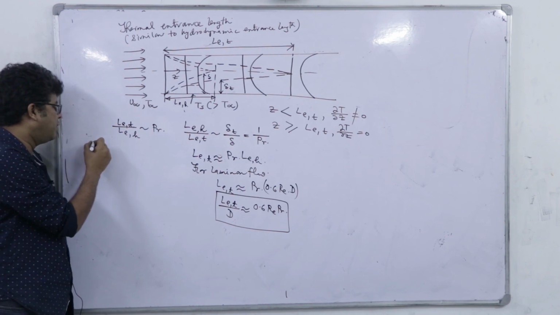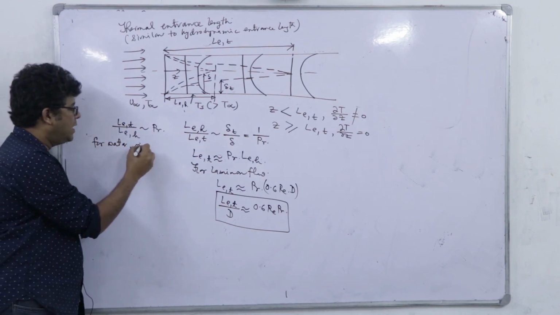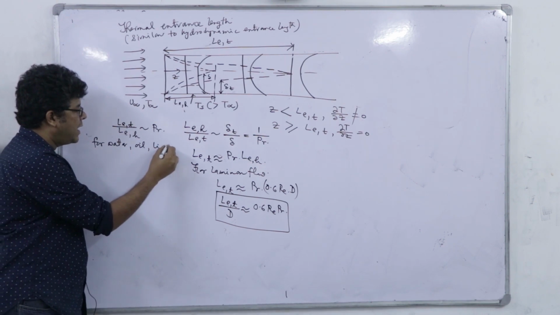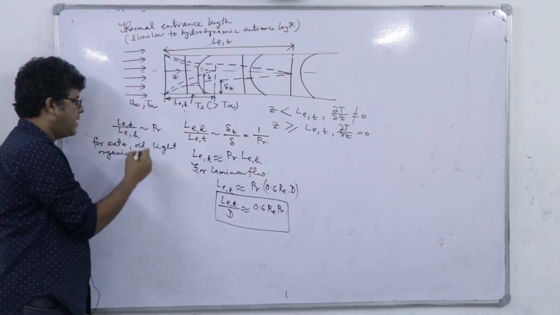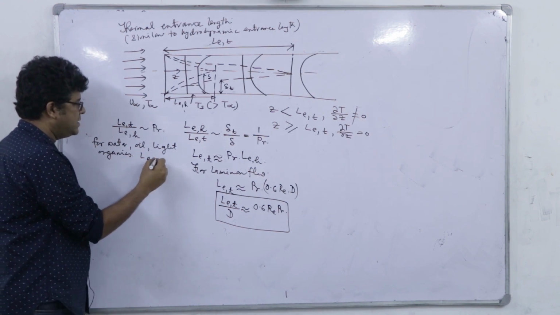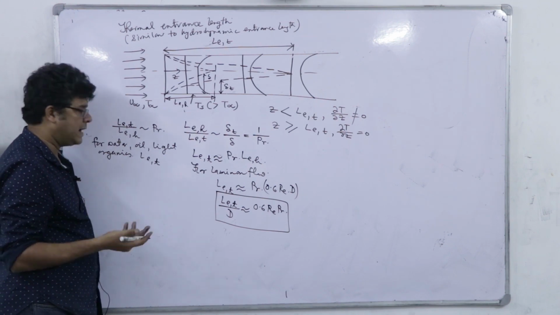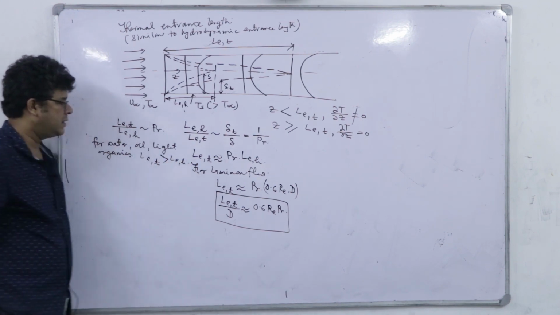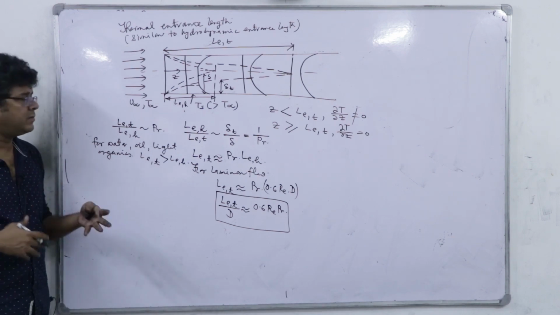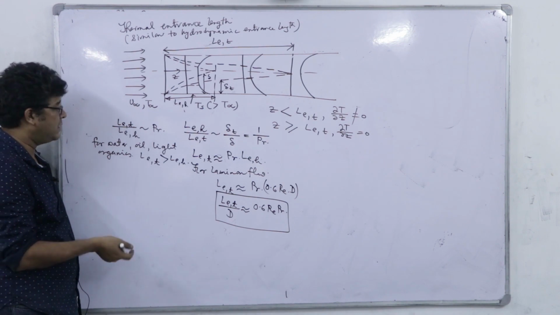So we know for water, oil, light organics, the conventional case is that the Prandtl number is higher than 1. So LET is greater than LEH, right. Thermally it will develop much later compared to the hydrodynamic entrance length.